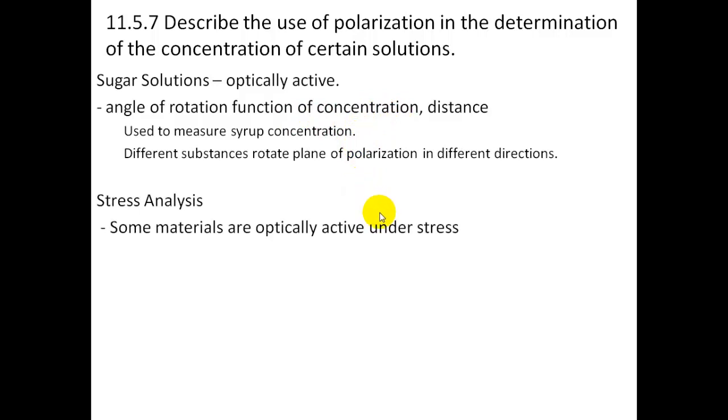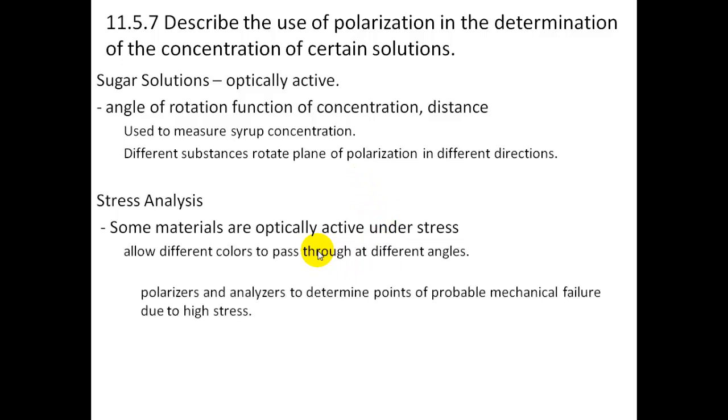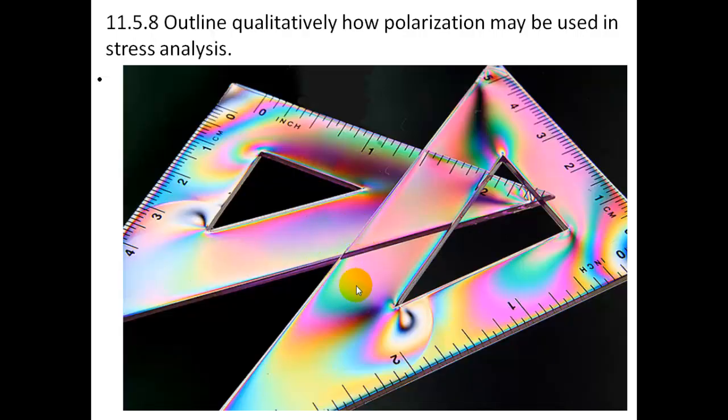Also, stress analysis. Some materials are optically active under stress. And when they are stressed, you can see polarizing patterns where you see different colors which are polarized through the materials. For example, this. You can see here, this is a point of stress, this is a point of stress.